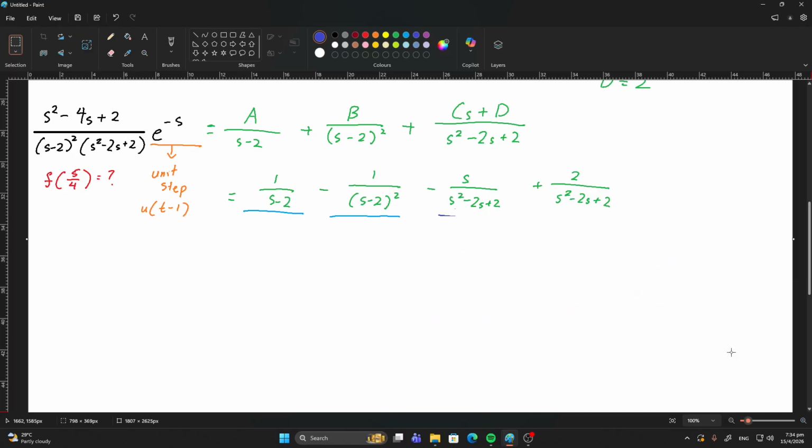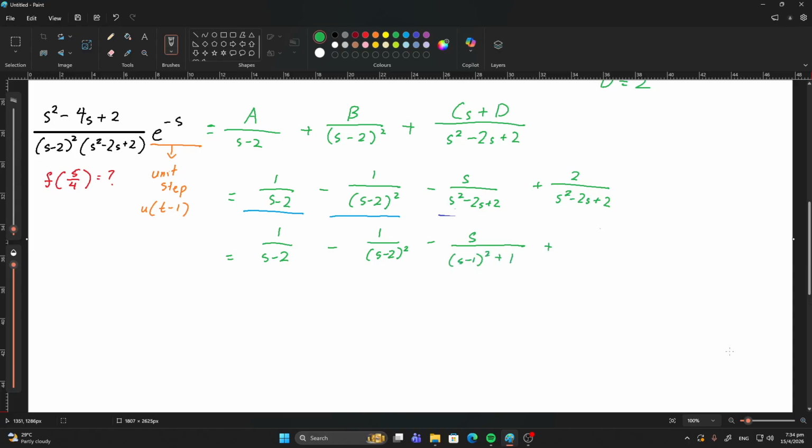So now that we know that this is a valid thing, let's go ahead and rewrite everything, shall we? So we have a 1 minus this minus s over s minus 1, right, and then a plus 2 over s squared minus 2. Sorry, I meant to write it in the new form.